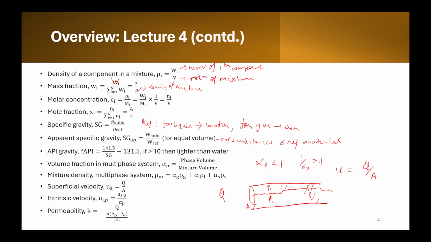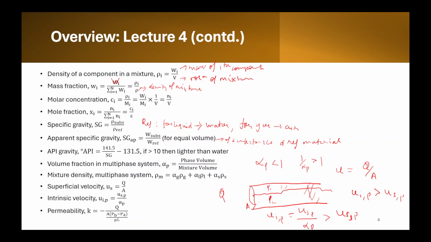So if we multiply the superficial velocity of a phase on both sides, we get USP, so this is equal to UIP, or the intrinsic velocity. So intrinsic velocity of a phase will always be greater than the superficial velocity for that phase. Why is this the case? Because the area for the phase to flow will be lower. So when the area is less, there will be more velocity. Okay.